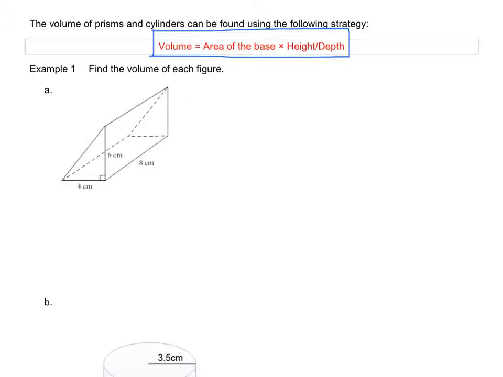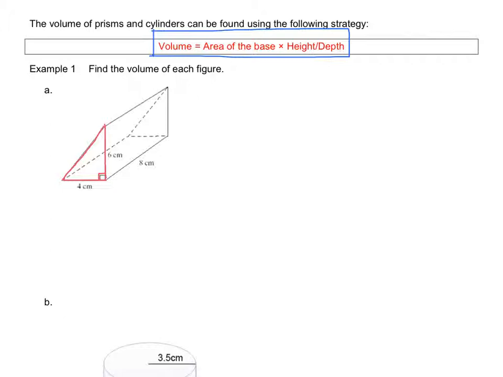I've said height or depth because depending on which way your prism is oriented, it doesn't always make sense to say the height. So in this particular example, the base of this prism is a triangle. Even though that's not the side that your shape is sitting on, that is still considered to be the base, because remember, all of the other faces of a prism are rectangles.